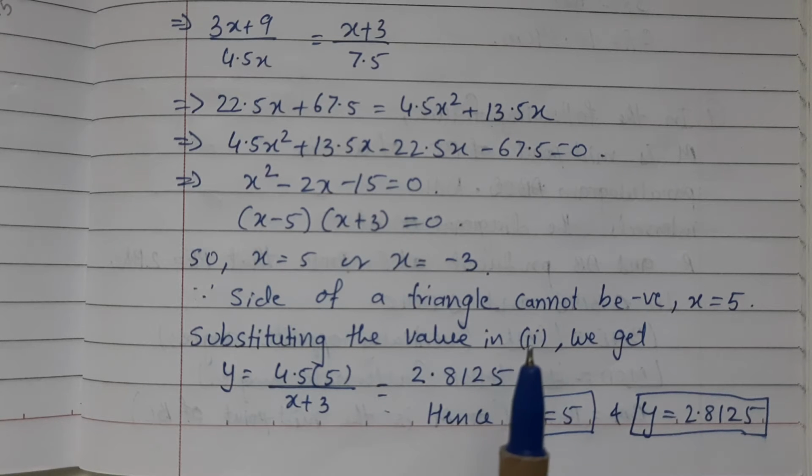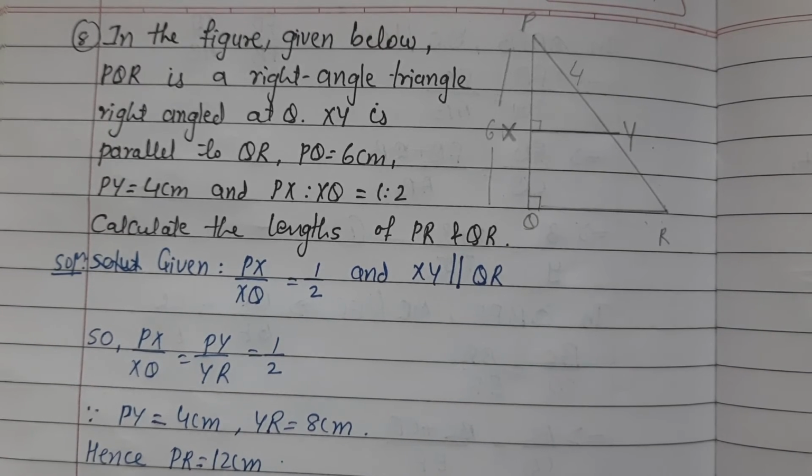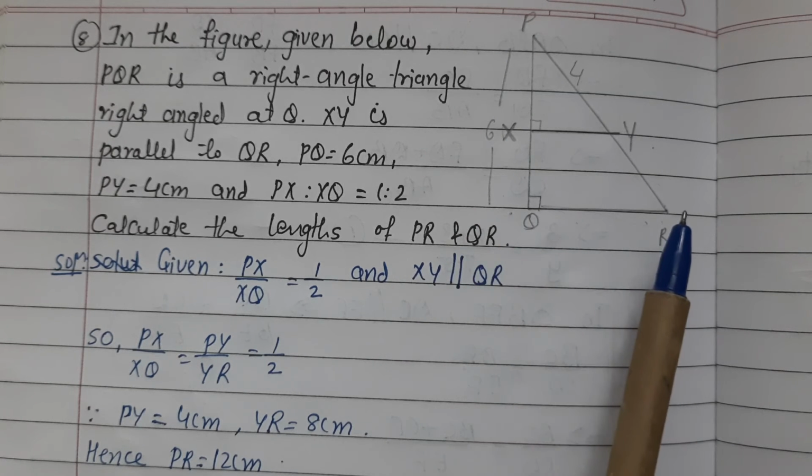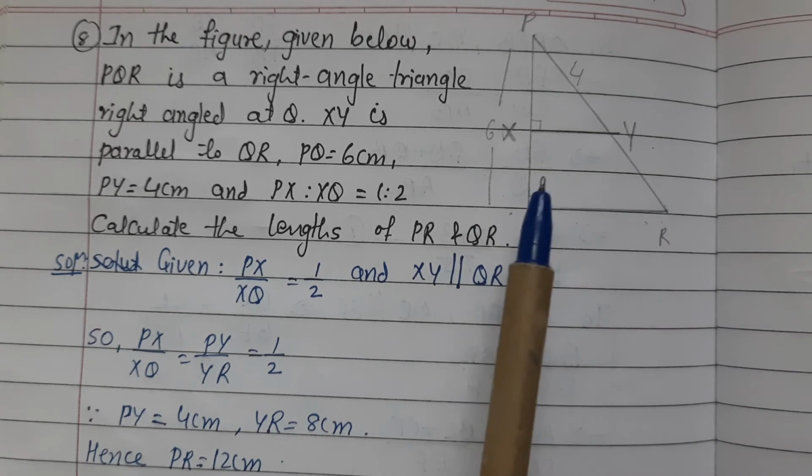Substitute the value in 2, we get y equal to 4.5 into 5 upon 5 plus 3, equal to 2.8125. Hence, x equal to 5, y equal to 2.8125.